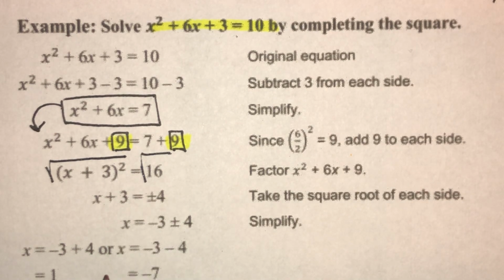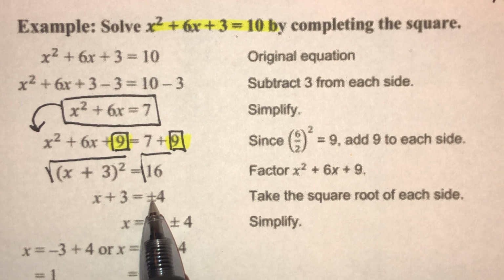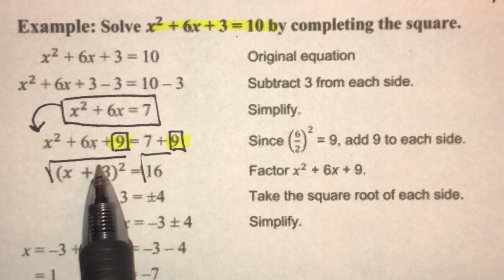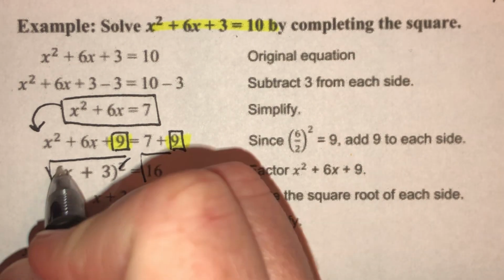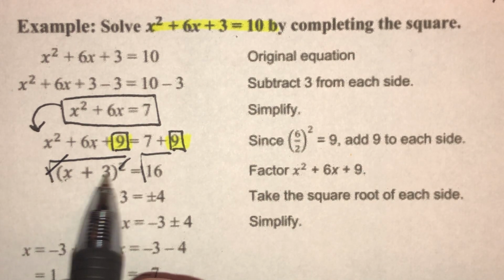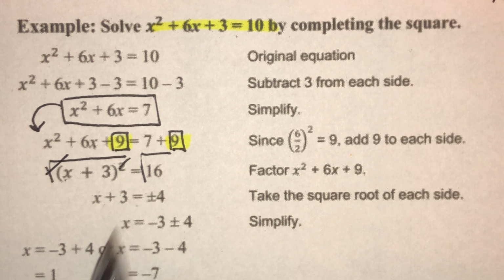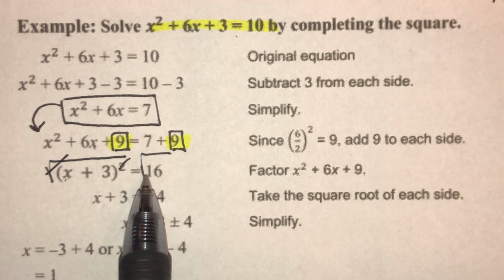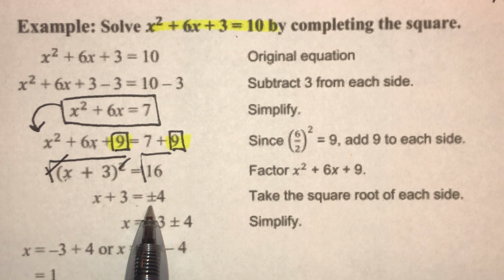And remember, the square root of 16 could be negative 4 or positive 4, because positive 4 times positive 4 is 16, and negative 4 times negative 4 is 16, okay? So this square cancels out with this square root, and we're just left with what's under the square root symbol, which is x plus 3. And then the square root of 16 is either positive or negative 4.